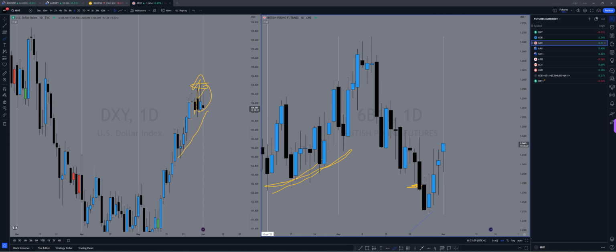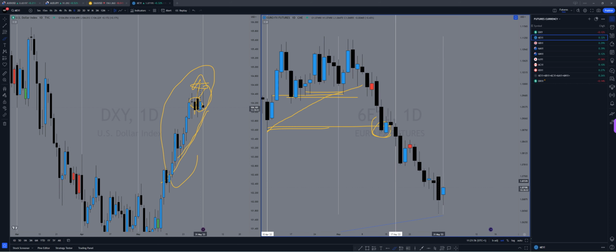If you look at British pound for the last 4 days, 1, 2, 3, 4, it's been staying in consolidation, but overall it's been going up. And then you look at a currency like, let's say, euro: in the last 4 days, 1, 2, 3, 4, we've been dropping.